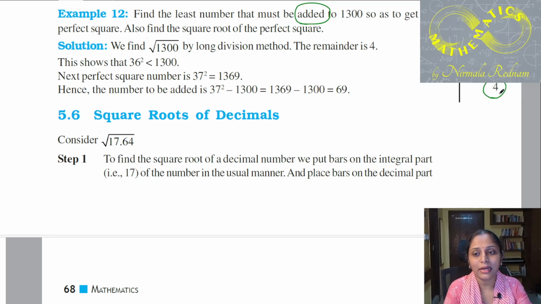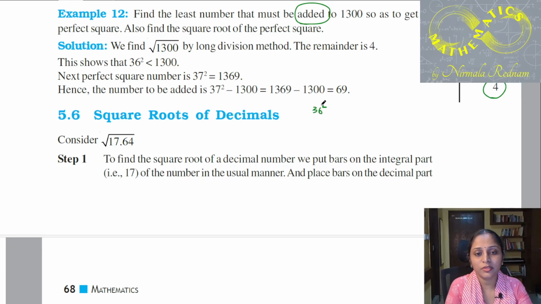If I subtract this 4 from the given number 1300, then I get 36 square, right? So I have 36 square, okay, and that means that the least number that must be added, if 36 square is less than 1300, what is the next perfect square?